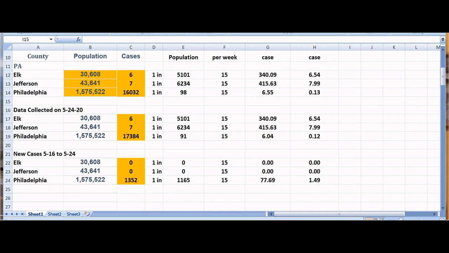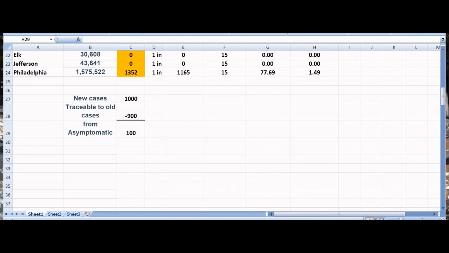However, Philadelphia County is different. There are still new cases showing up there. Is there an asymptomatic carrier population in Philadelphia County? What we need to know is the number of new cases over the last 14 days, and then out of those new cases, how many can be traced to other older cases.